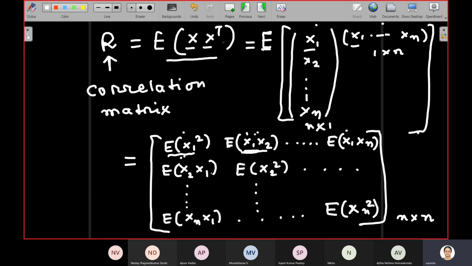Now, just in place of x transpose, you just use y transpose. So the second element is actually y transpose, but the expression remains the same. We need to find the matrix. We need to operate the expectation operator on individual matrix elements. The only difference is that instead of x transpose, we have y transpose.